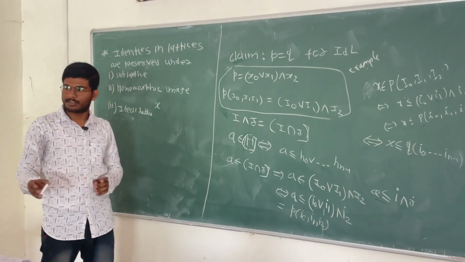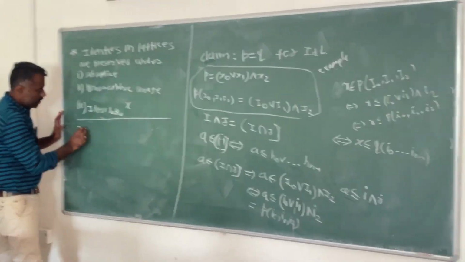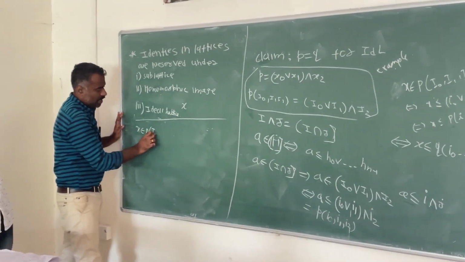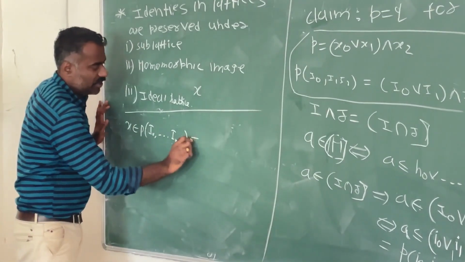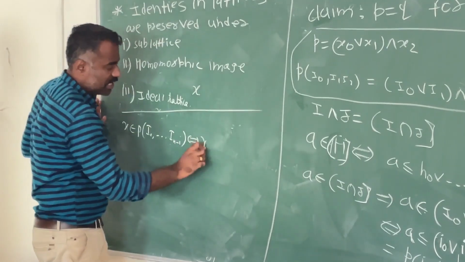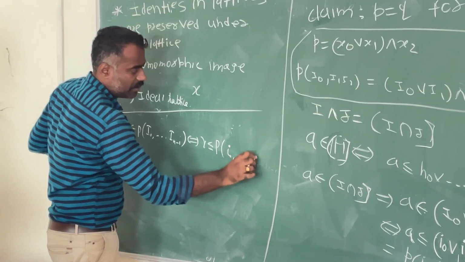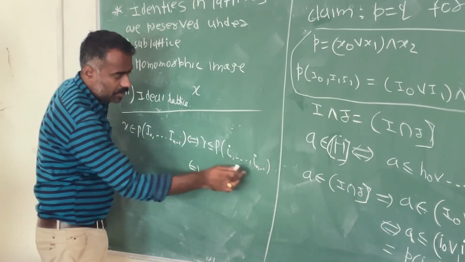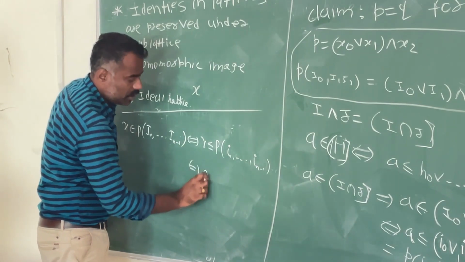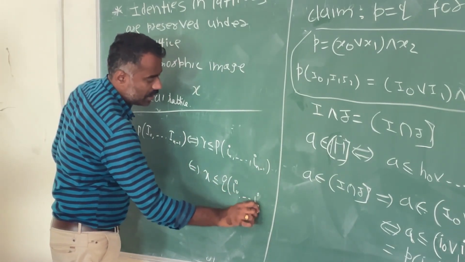A little bit confused? That one line I will explain here. You take x belonging to P of I0 up to In minus 1. From this what we have observed is that x is less than or equal to P of the variables up to In minus 1. But because this is the same as Q, x is less than or equal to Q of I0 up to In minus 1.